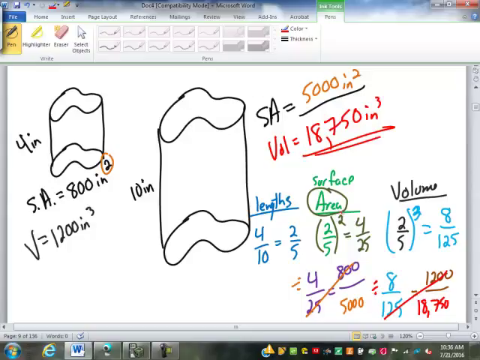How do I know whether I'm going to square this factor, the lengths, or cube the lengths? Well, one, it's the units on the power on my units, if it's square inches or cubic inches or square feet or cubic feet. Also, area is always square, volume is always cubed.